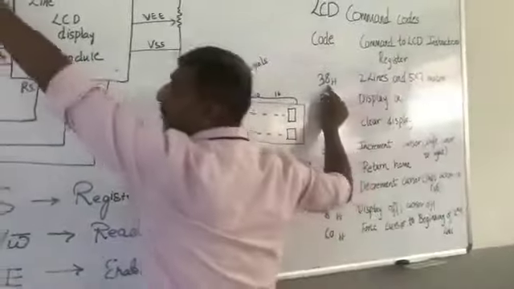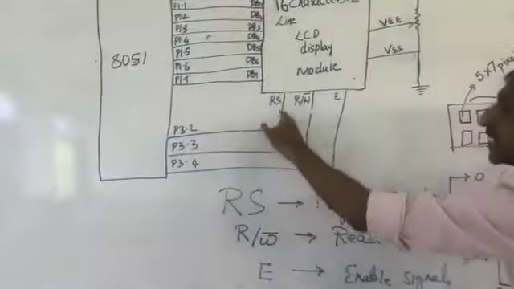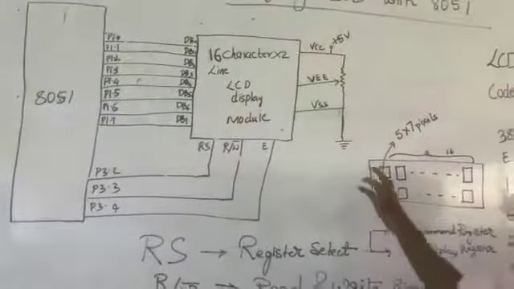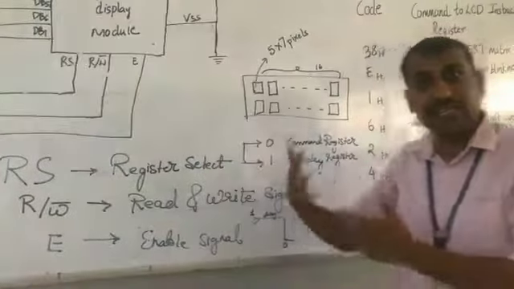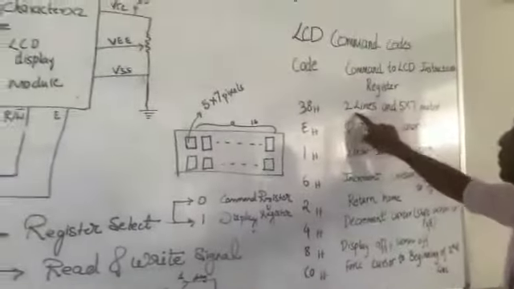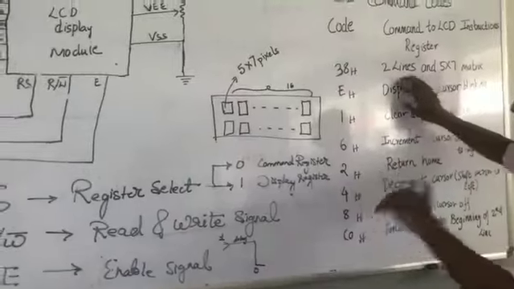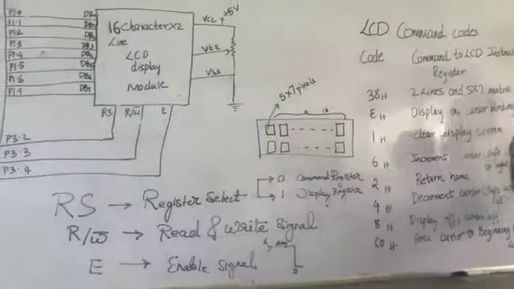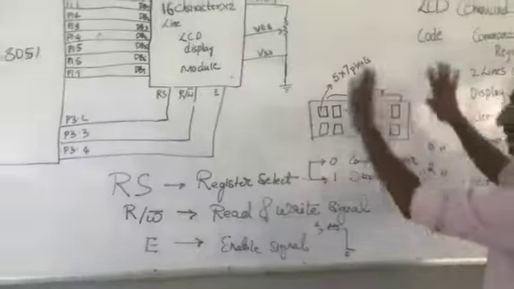For example, if you send 38H, if the 8-bit value that you have sent is 38H and you make RS equals 0, then this particular data gets stored in the command register, and once it is stored there, it executes automatically, and the 2 lines are activated, and whatever data that you send later on for display can be displayed now on both the lines with a 5x7 matrix composition, right? So this is what I wanted to explain in the theory.